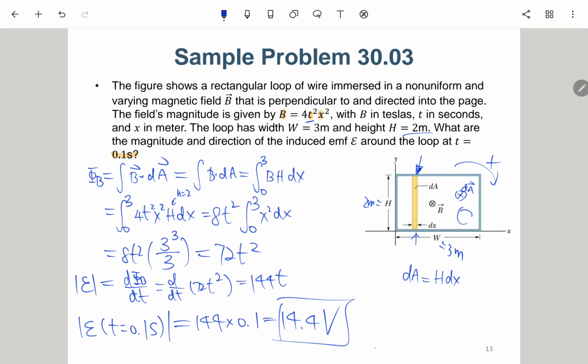So B induced will be pointing out of the page. Using the right-hand rule with your thumb pointing out of the page, your four fingers curl counterclockwise. So like this, I induced will be counterclockwise.